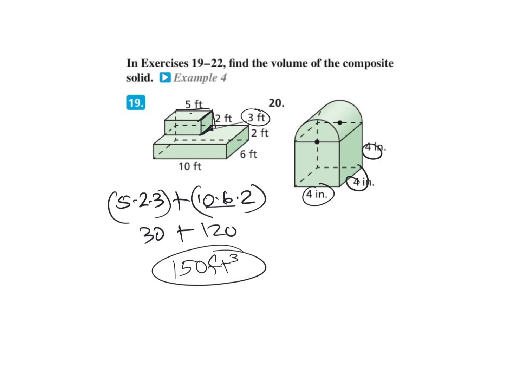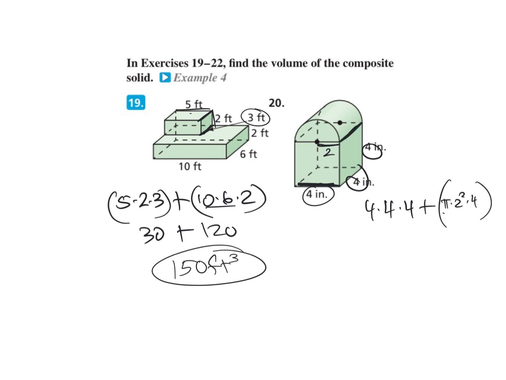The bottom one here is 4 times 4 times 4. Plus, what do we have at the top? We have half of a cylinder. So if this length is 4, then the radius is 2. So we have pi r squared, or radius squared, 2 squared, times the whole length of the cylinder, 4.